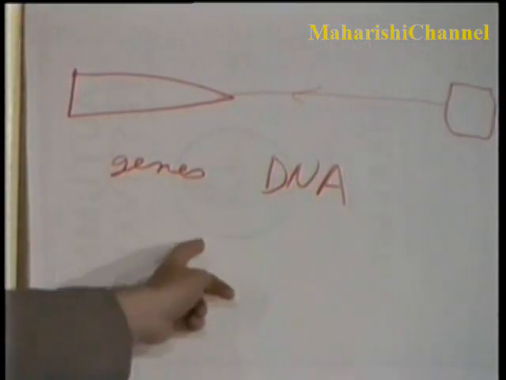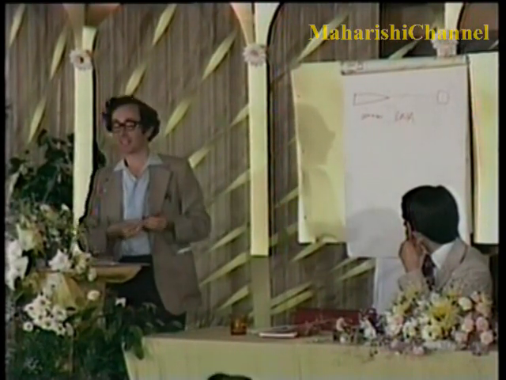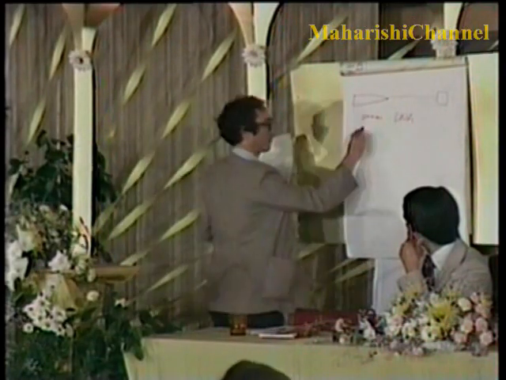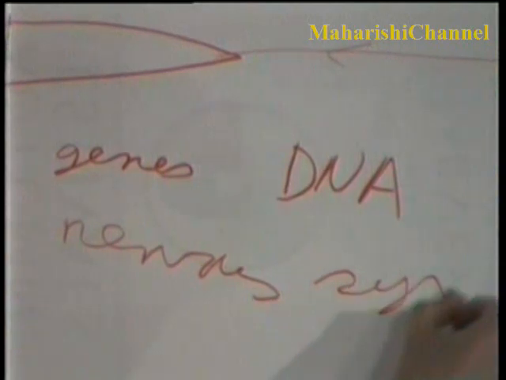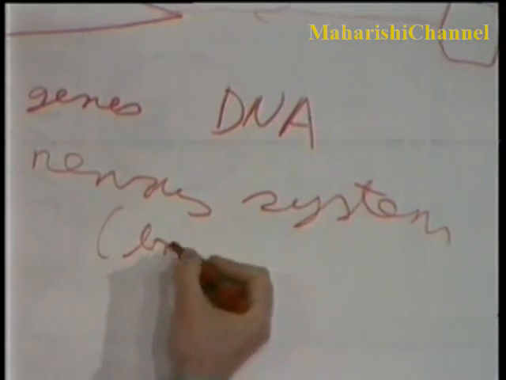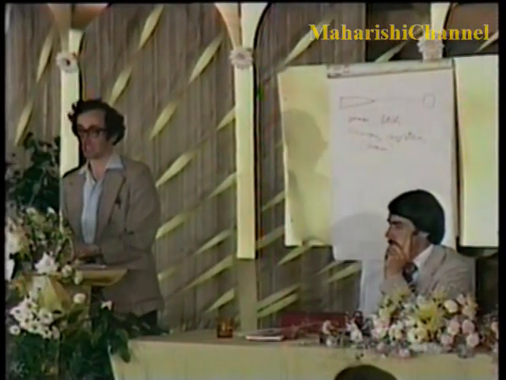The chemical composition of the DNA gives all the genetic information. Besides that, in any system which can learn, there's a nervous system, or in more familiar terms, the brain, which can learn through life, from experience.